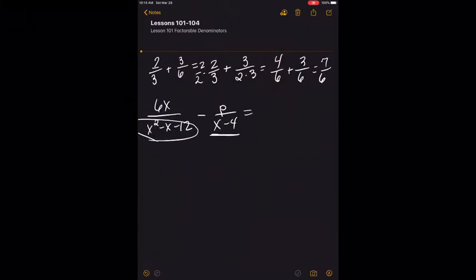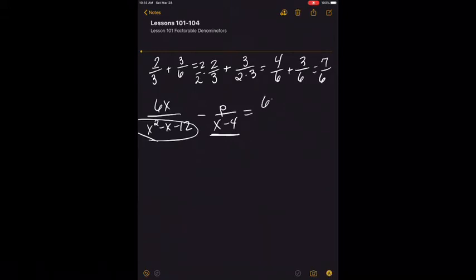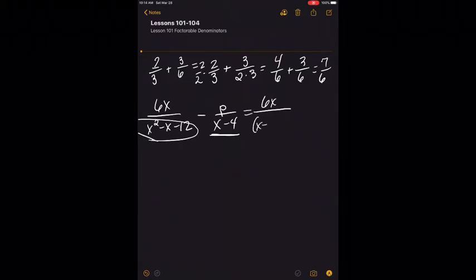The nice thing is that you can look at this, and this will probably have something in it. I'm sorry, the circled one will most likely factor into x minus 4 times something else. So if we look at it, we can see that it can factor into x minus 4, x plus 3.